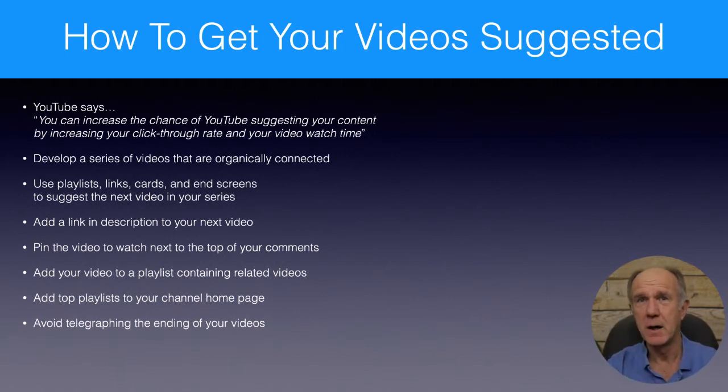So how do you increase your click-through rate? You increase your click-through rate by having a great title and a great thumbnail. Look at your click-through rate. Usually what happens, when you first upload a video, you might get a high click-through rate because your subscribers automatically click on your video.